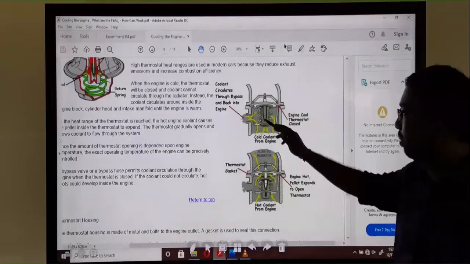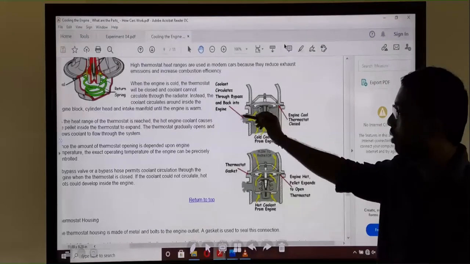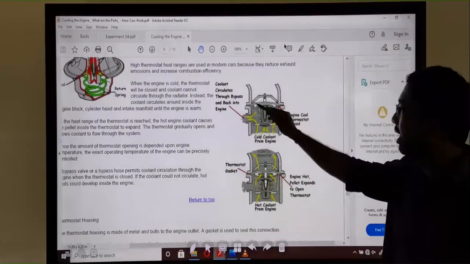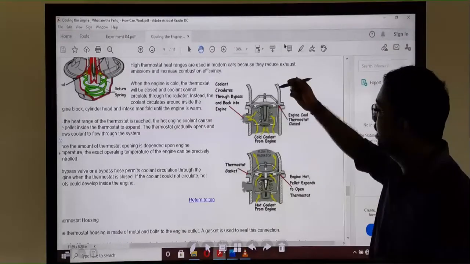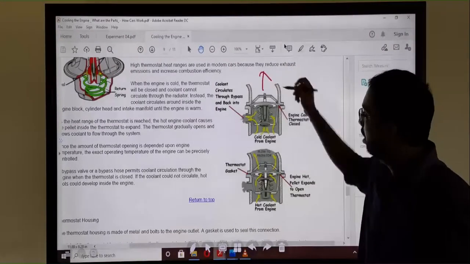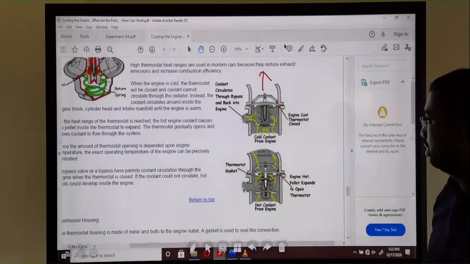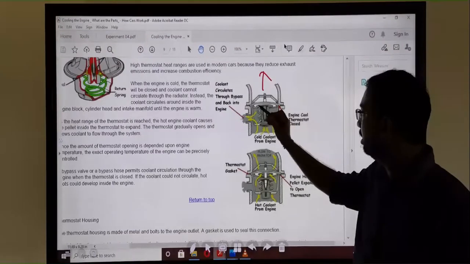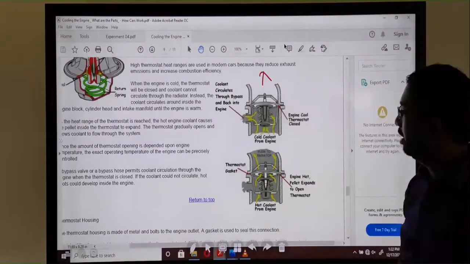It's normally open in the cold time, so this coolant flows through this bypass line. At the same time, there is a plate here. So this is the main line. Now this main line is closed by this plate. Okay, now that is closed.